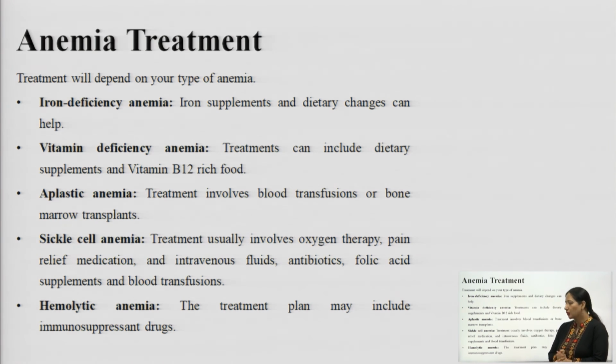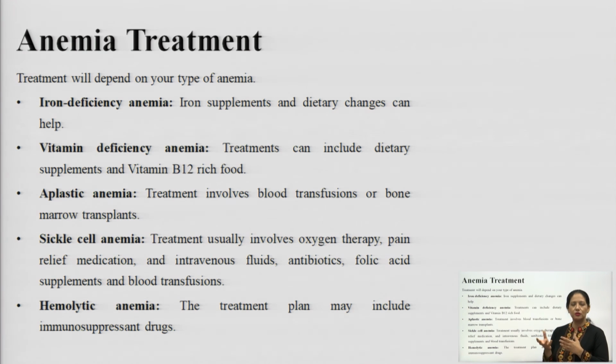And the last, for the hemolytic anemia, for the hemolytic patient, we can plan the immunosuppressant drug, because we assume that hemolytic anemia occurred due to the destruction, breakdown of RBC, and sometimes we assume that our immunogenic cells destroy the healthy RBC due to the excessive function of our immune system.